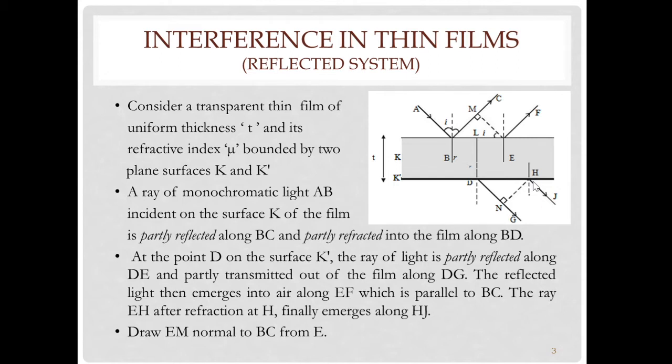So to find out the interference conditions, we first draw a normal from E to BC. We are drawing a perpendicular line from E to BC, so that the perpendicular is EM.